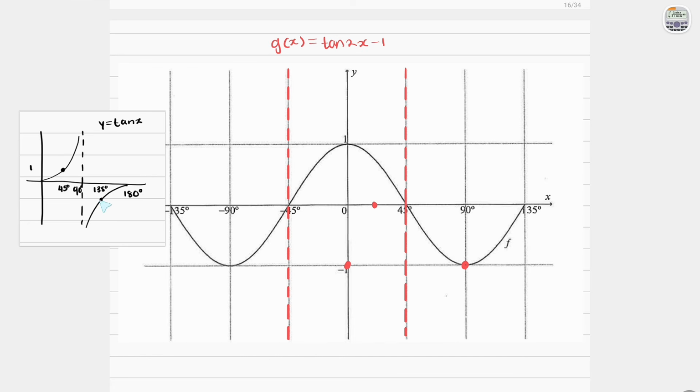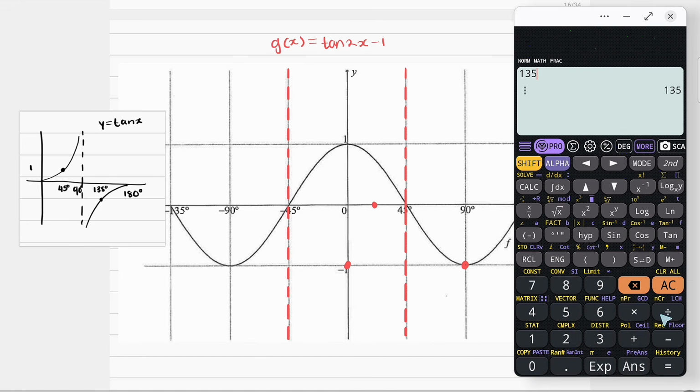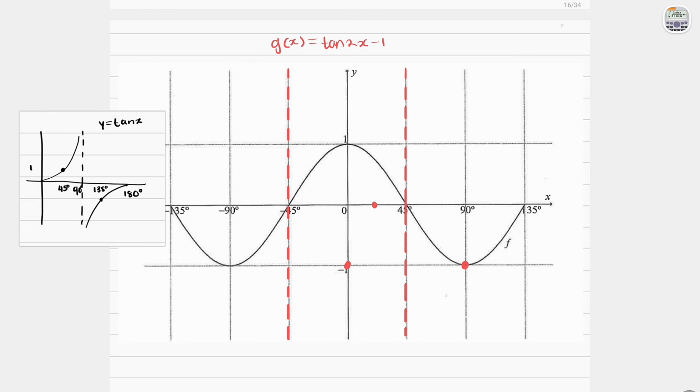And then also do the same thing on this side. You see how it has a y value of negative 1 at 135 degrees. It's no longer going to have that at this point. It's going to be 135 degrees divided by 2 because of that 2x part. So say 135 degrees divided by 2, and then that's 67.5 degrees. Okay, this one was 22.5 degrees. So that's 67.5 degrees.